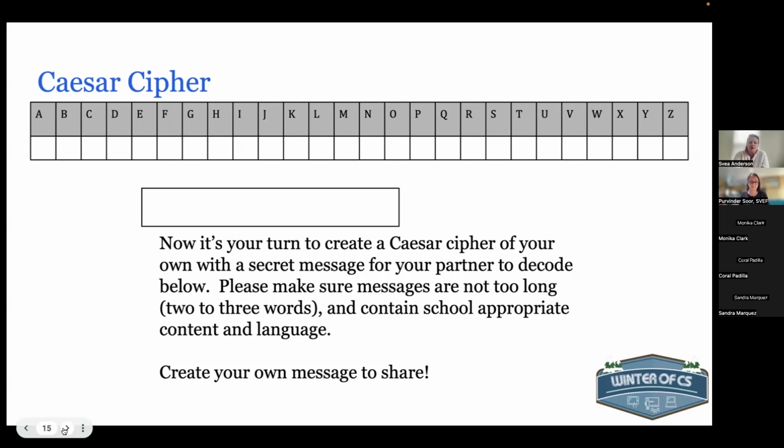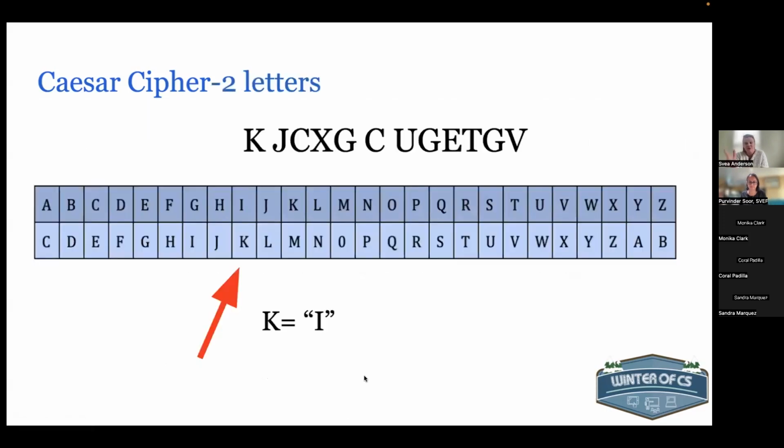So I'm going to actually go back one so that we all see the Caesar cipher. So here we go. If we're all doing it on a 2-letter shift. Carolyn put something in the chat.